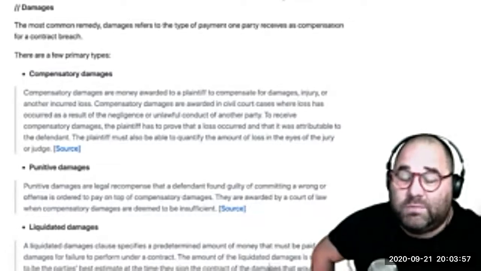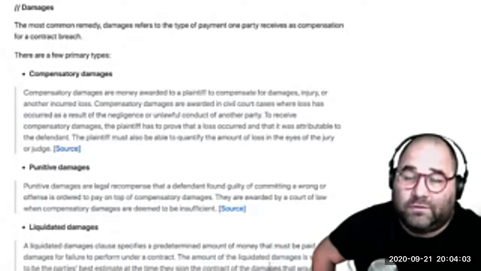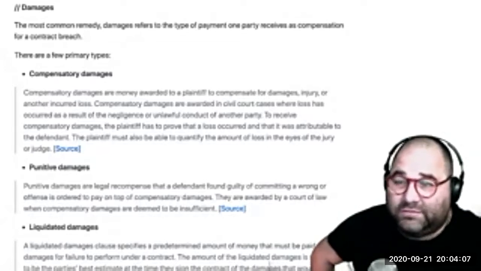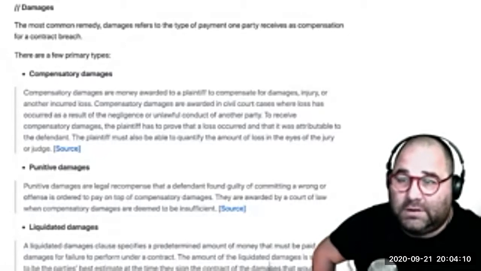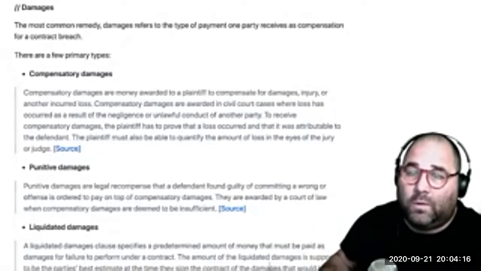This is where sometimes people will sue for lost profits. So it's like someone wrongfully accused your restaurant of having rats in the kitchen. And so a lot of people didn't come to your restaurant and you lost a lot of money and you sue that person for libel. And you're suing them to get compensatory damages. You want to get back what you lost.